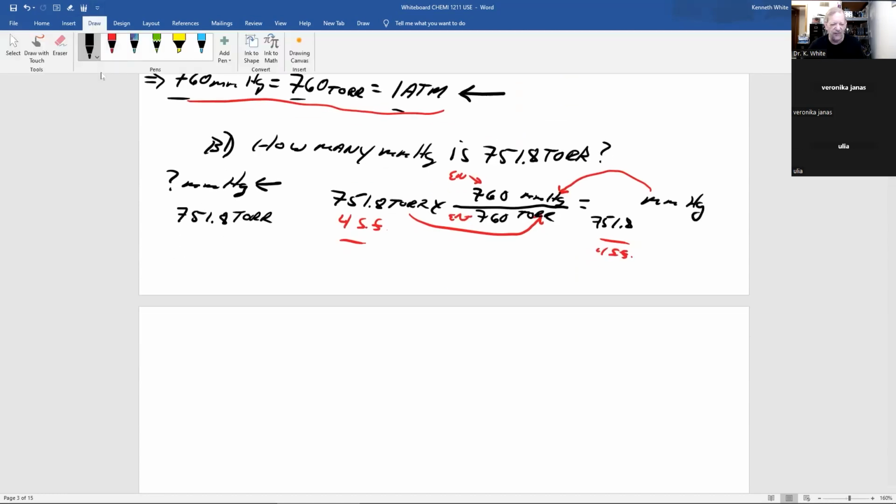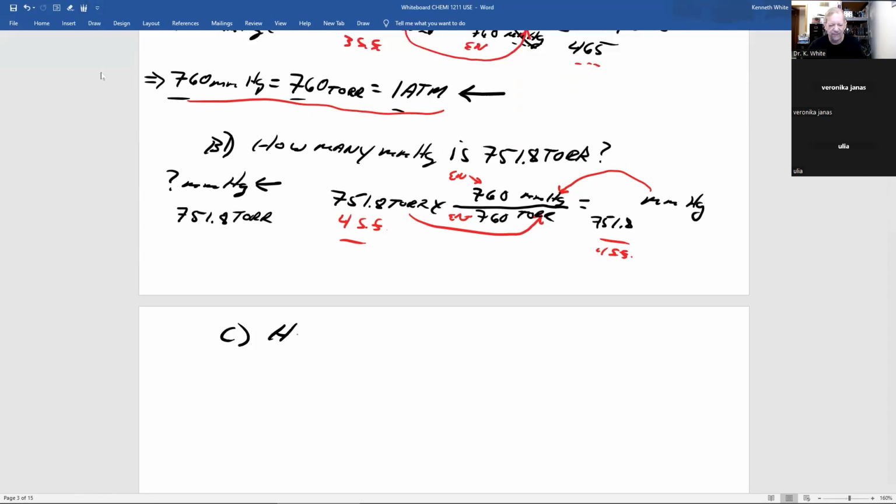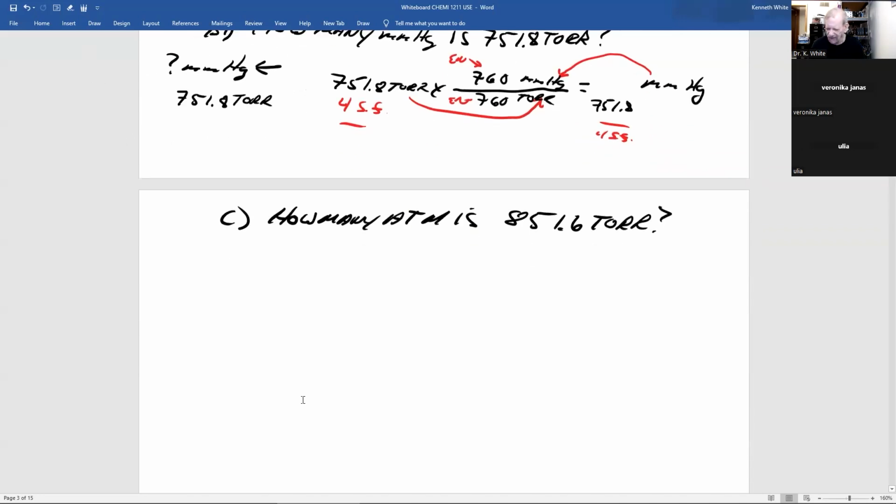Let's continue on with our practice. And the question is, and I'll do this one, let you try one. I think we might have time. How many ATM is 851.6 torr?